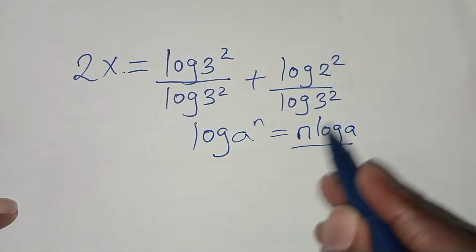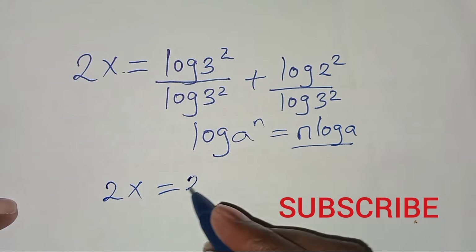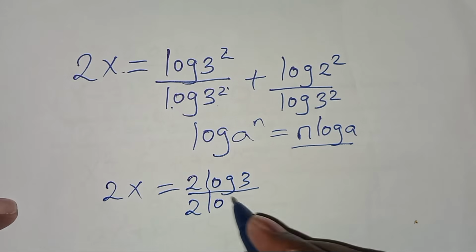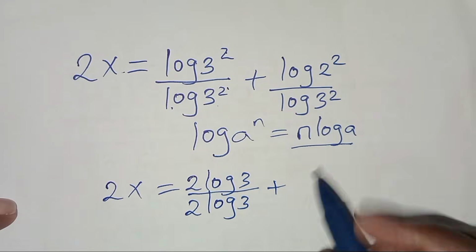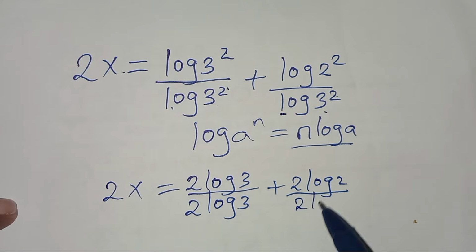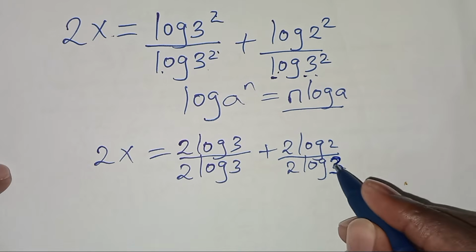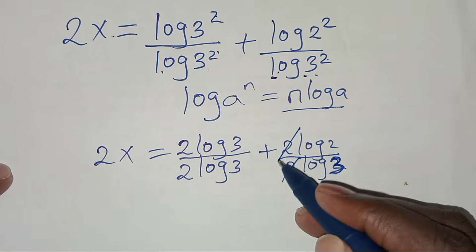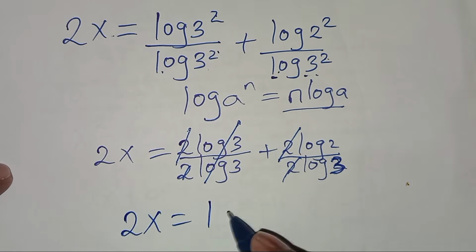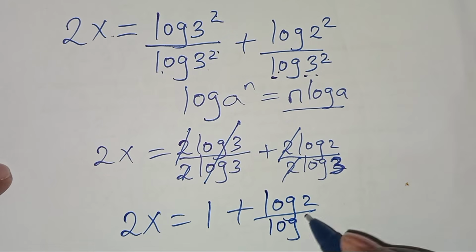Now let's apply this particular property, so that we'll have 2x is equal to log 3 to the power 2 becomes 2 log 3 divided by log 3 to the power 2, which is actually 2 log 3, plus log 2 to the power 2 becomes 2 log 2 divided by log 3 to the power 2 becomes 2 log 3. Now let's simplify here. 2 and 2 simplifies. Log 3 and this log 3 simplifies. So we have 2x is equal to 1 plus, now this is log 2 divided by log 3.